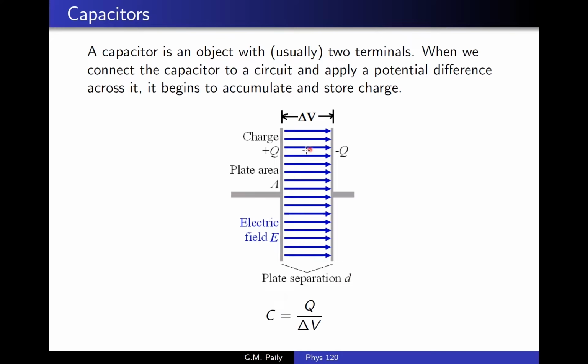And so you get a very nice uniform electric field between the plates, because we know that the electric field due to an infinite sheet doesn't depend on distance and is nice and uniform. And to a good approximation, that is what is happening between the plates of a capacitor. So if you want a nice, large, uniform electric field, you basically use capacitor plates and charge them up.